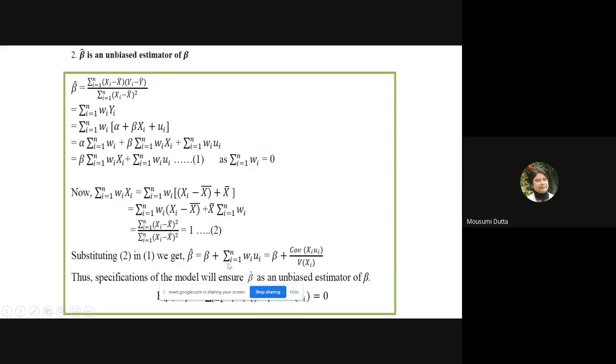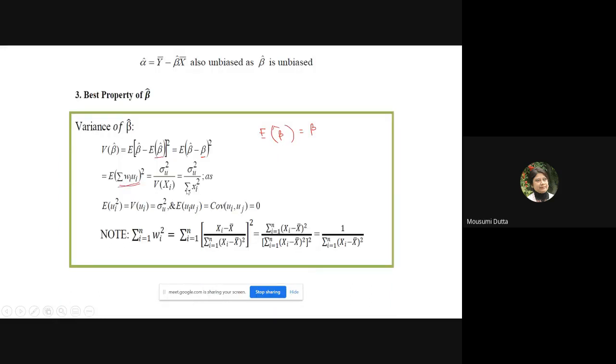Whatever be the case, look at this step. Beta hat minus beta is nothing but summation wi ui. So in place of beta hat minus beta, I'm putting summation wi ui.